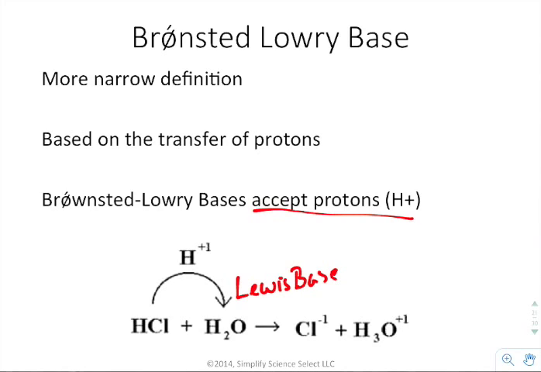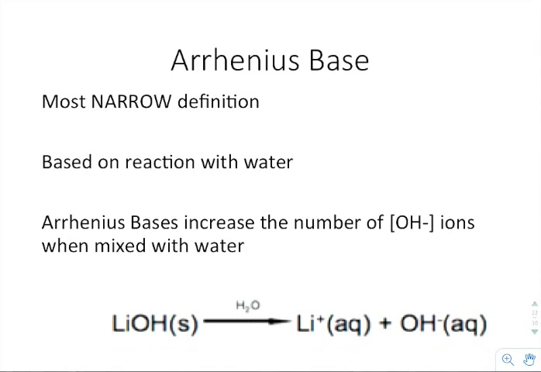Now the HCl is the Bronsted-Lowry acid because it is donating the proton. Just like we had for Lewis, if you have one, you have to have the other. You can't have a chemical reaction in which you have something donate a proton, but not something that accepts that particular proton.